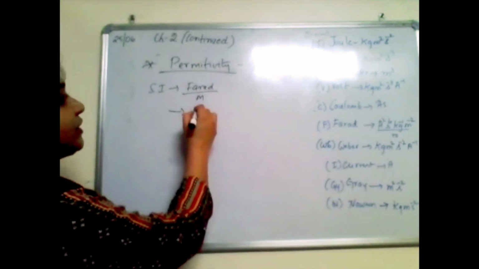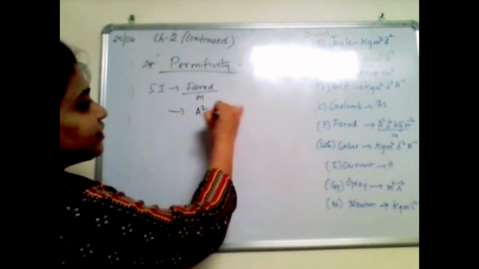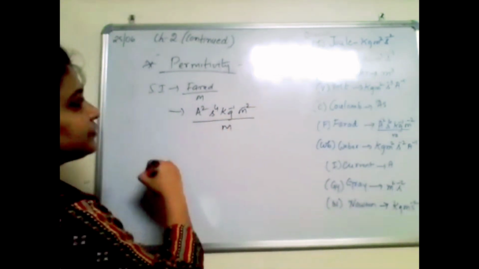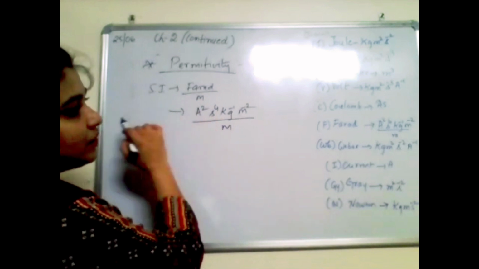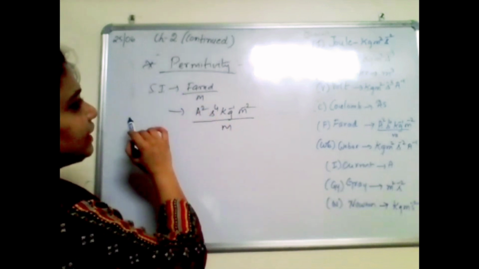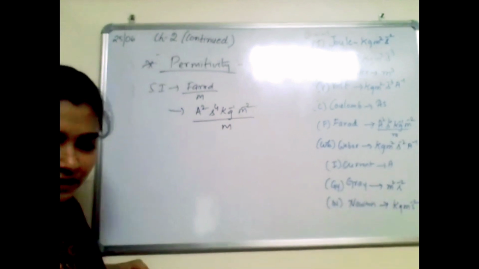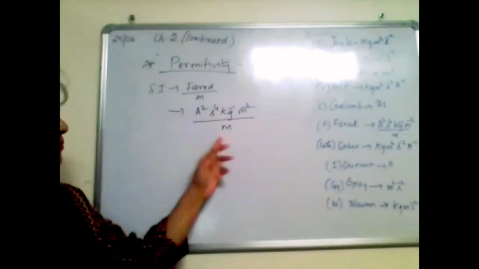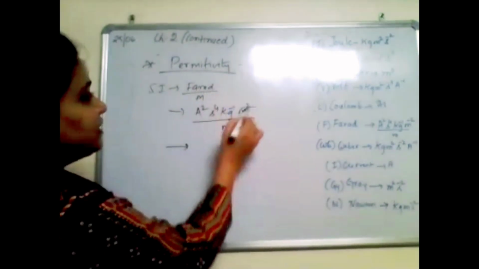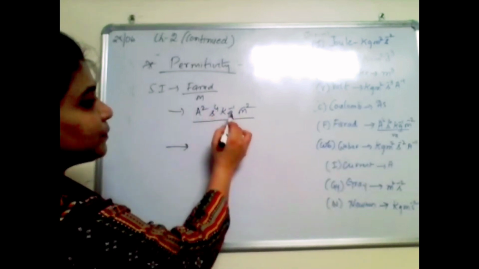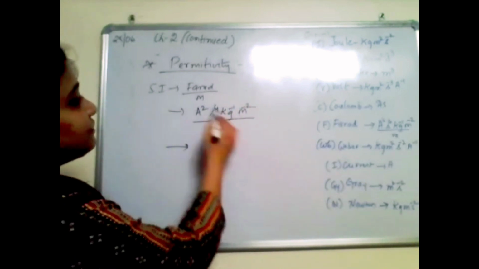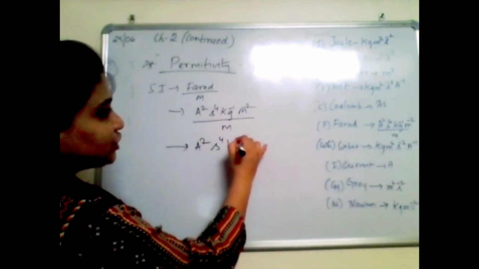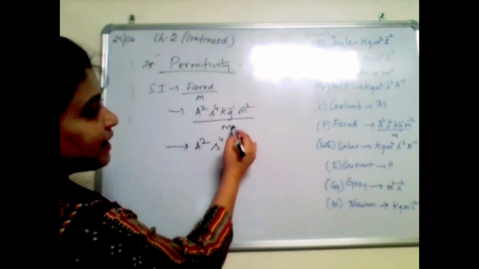Farad is ampere square second raised to 4 per kg per meter square, divided by meter. So this is ampere square second raised to 4 per kg, m raised to minus 2 divided by m raised to 1.